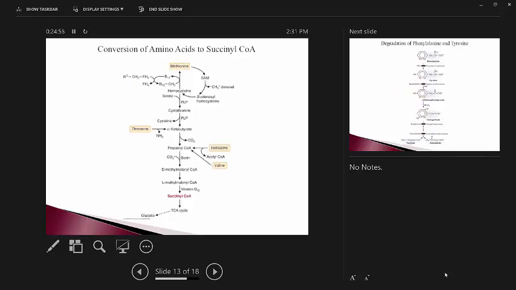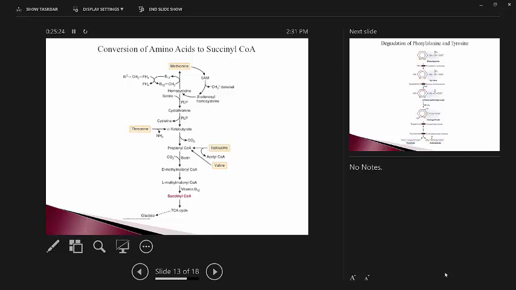Okay, here's conversion of amino acids to succinyl-CoA. We just kind of looked at what happened to methionine going to SAM. That's donated. We get S-adenosyl homocysteine. That's then cleaved to homocysteine. Serine comes in, and this enzyme is cystathionine synthase. And effectively, we make cysteine, and this is a PLP enzyme, which we said before. And alpha-ketobutyrate, and the alpha-ketobutyrate can go to propionyl-CoA.